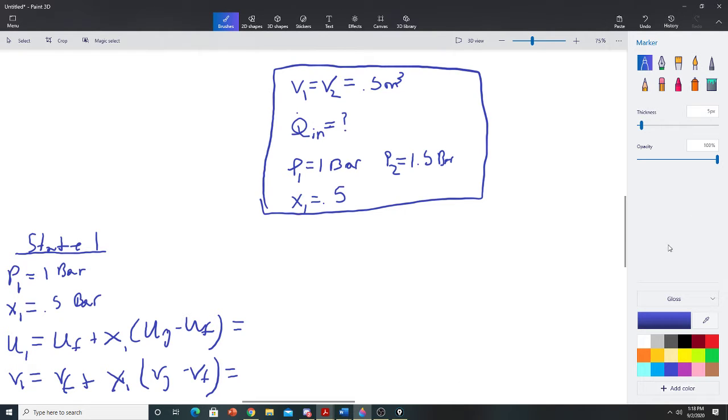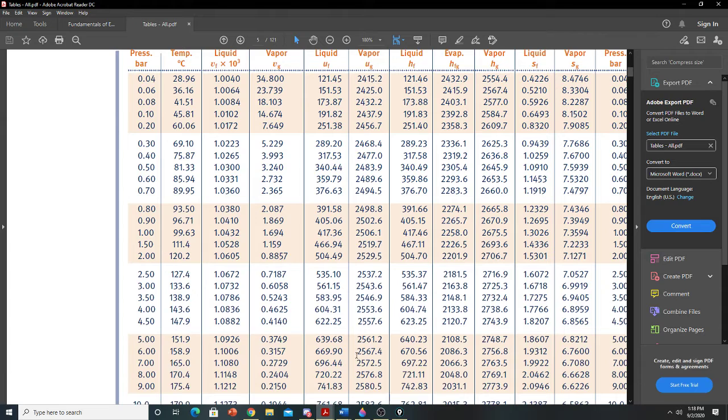So I'm going to pull up the tables and find what those look like. Right here, let's go to 1 bar and slide across. The saturated liquid value for our problem is right here. So U sub f is 417.36.